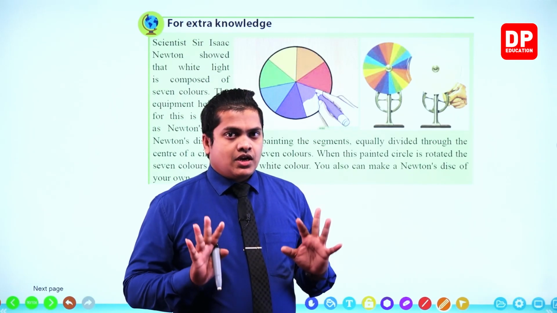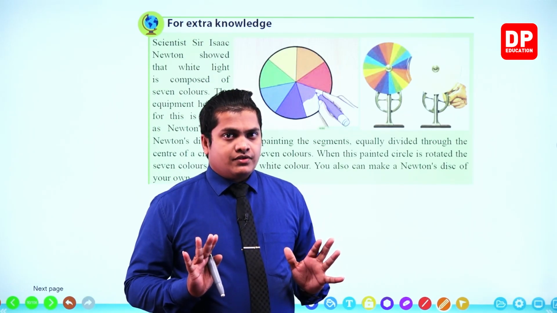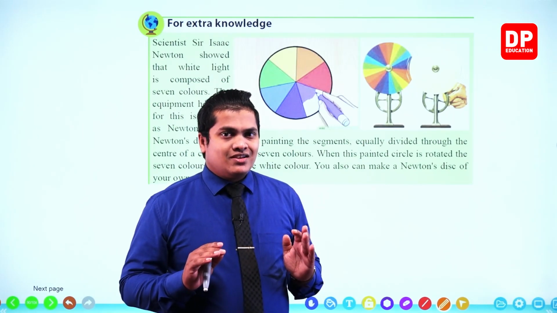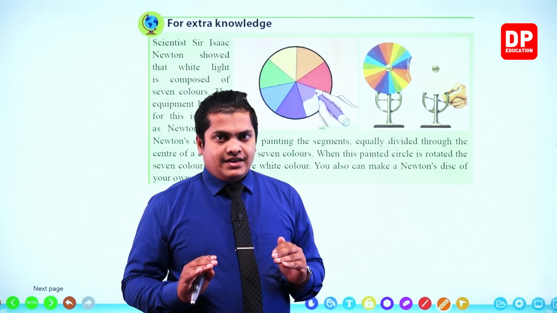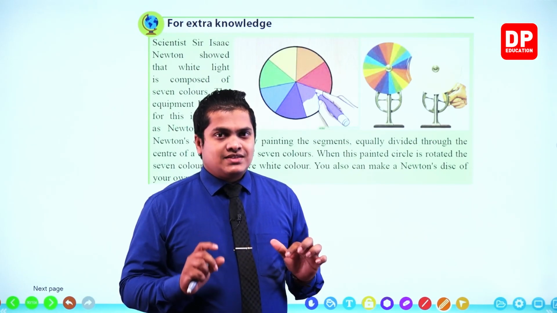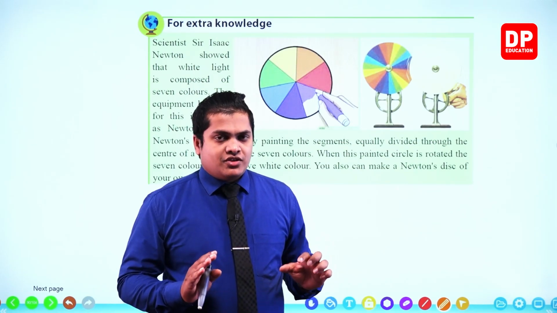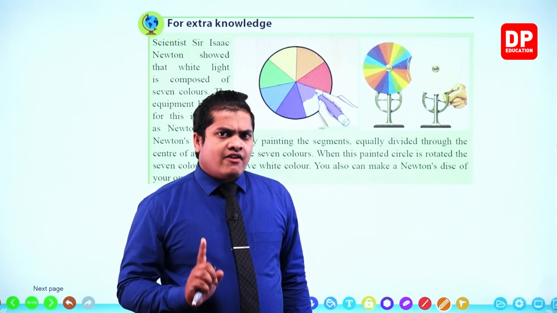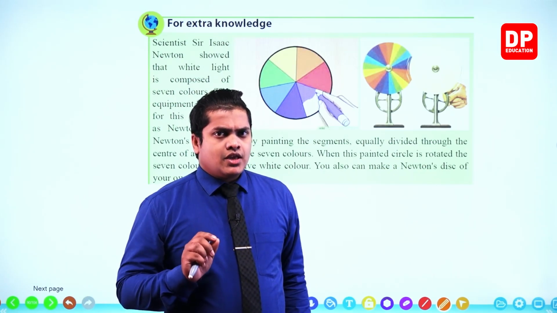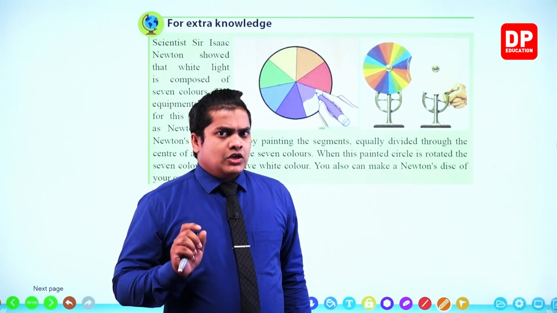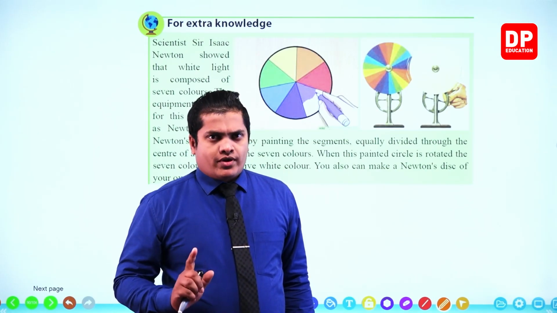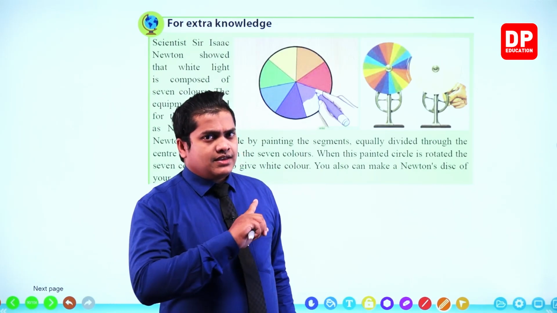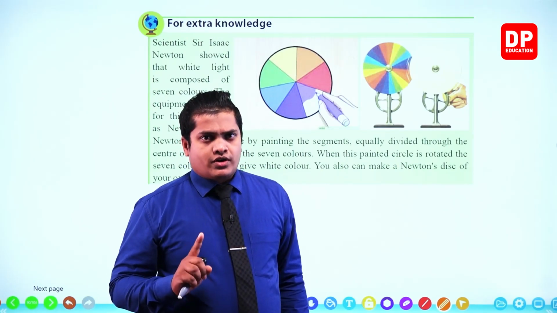So my dear children, I hope that you got the idea of dispersion. This dispersion is the process of dividing white light into 7 different colors, which are the colors of the spectrum. I have prepared a certain Newton disc. So let's go to the laboratory and we'll identify whether we can get this observation or not.